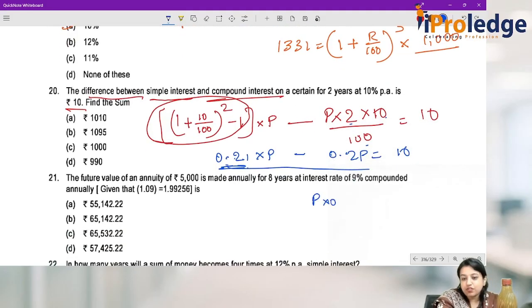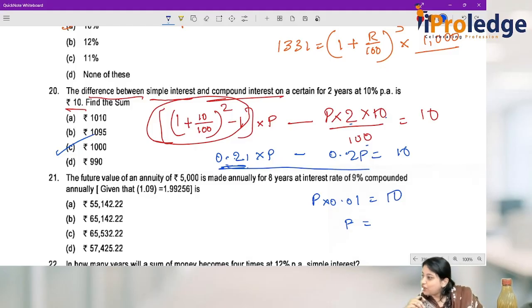So P into 0.01 will be equal to 10. So you can do it by the option method, or else you can use this method. Do whichever seems suitable to you.